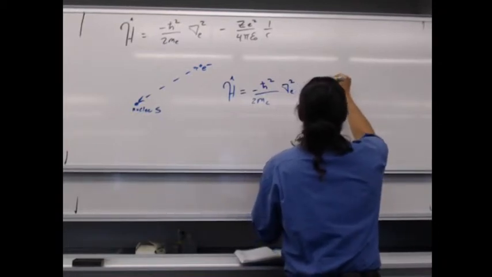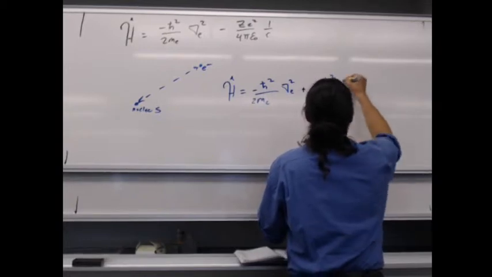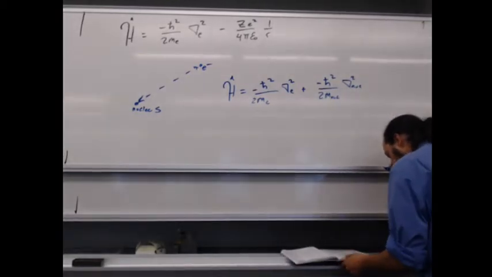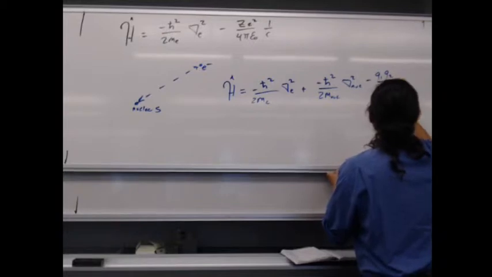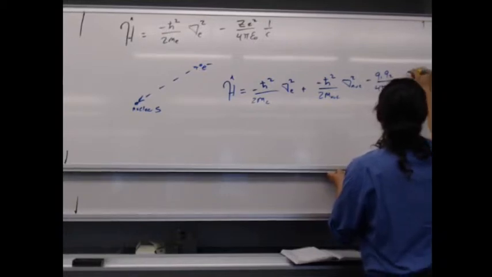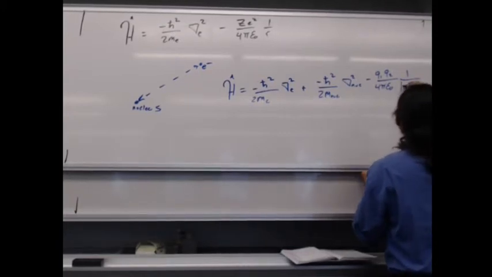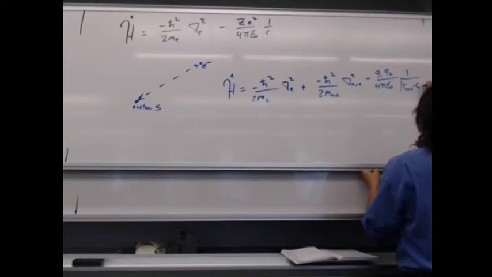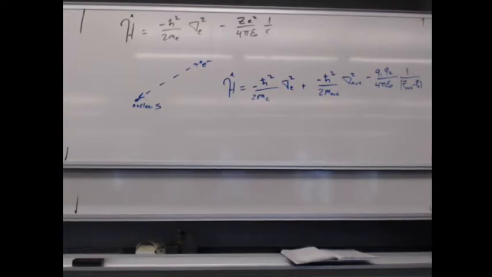Plus, I know I've got a plus minus, but h bar squared over 2 mass of nucleus, del squared for the nucleus, minus q1 q2 over 4 pi epsilon naught 1 over the absolute value of r nuke minus r electron. And those would be 3-dimensional vectors inside of there, right? Because it could be moving in 3-dimensional space.